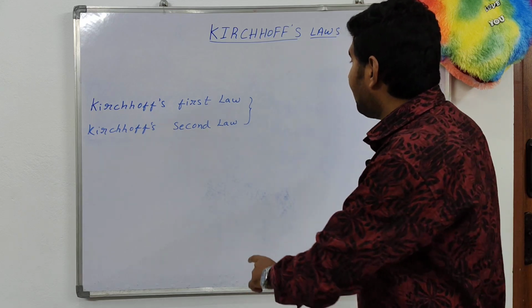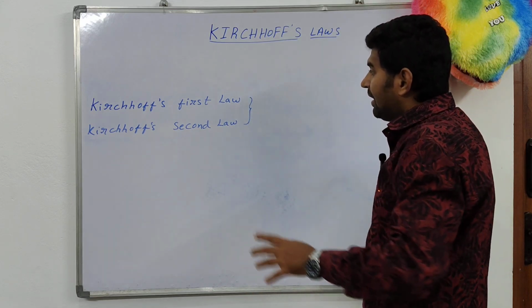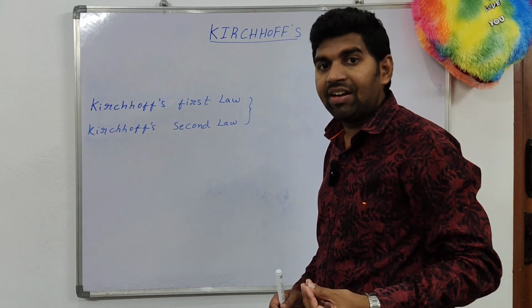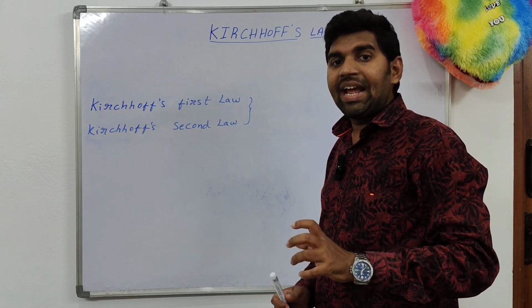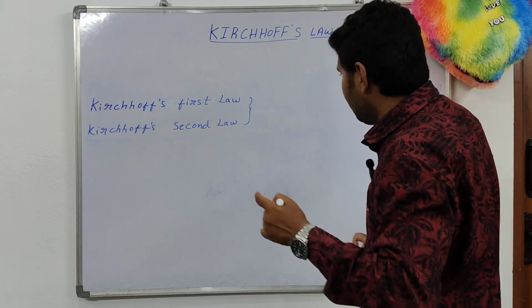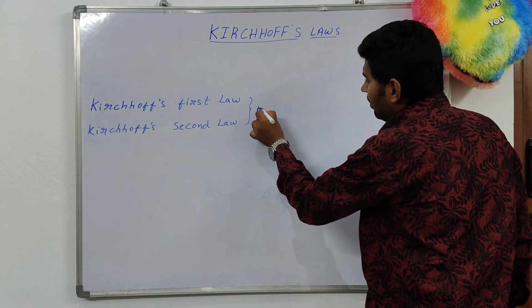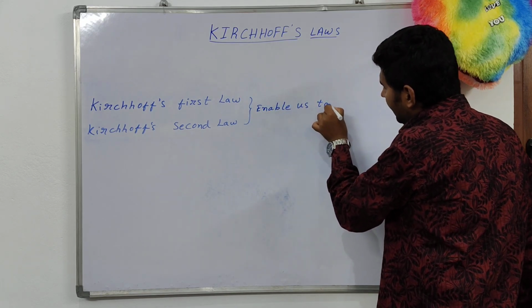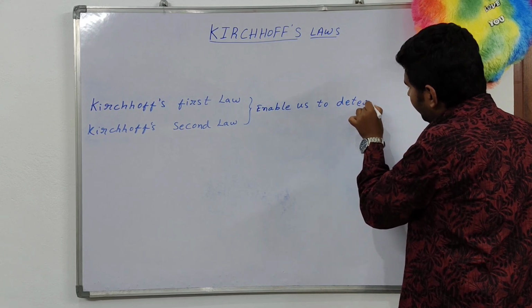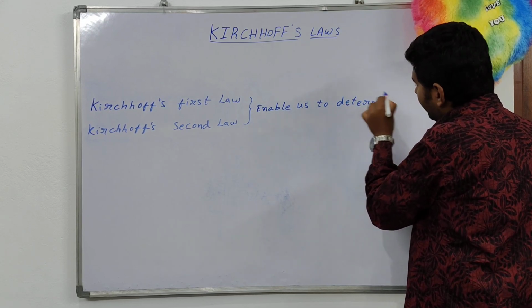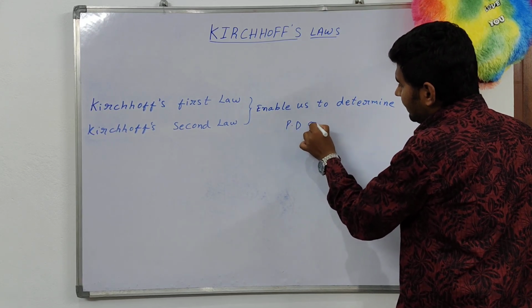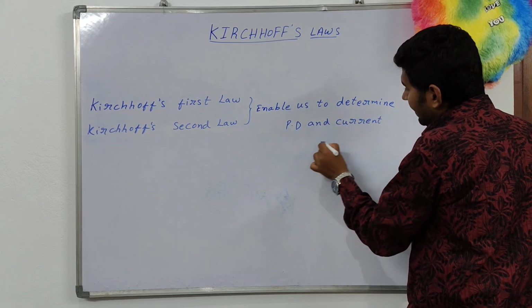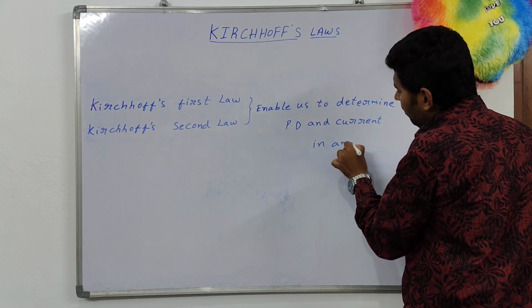In that case, learning these two laws enables us to determine the potential difference as well as the current in any complicated circuit. Simply remember, these two laws enable us to determine potential difference and current in any complicated circuit.